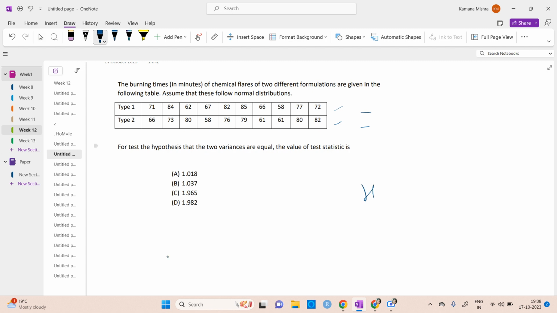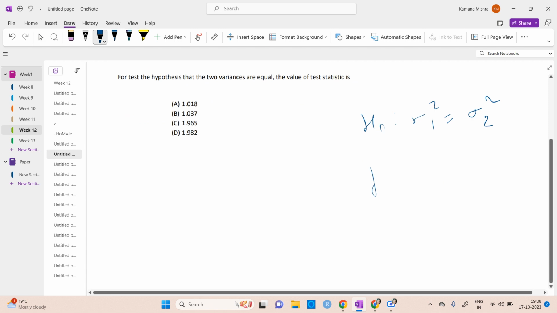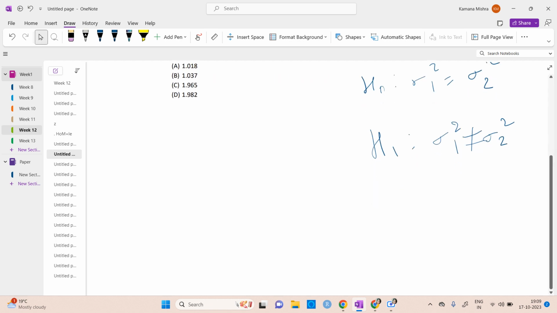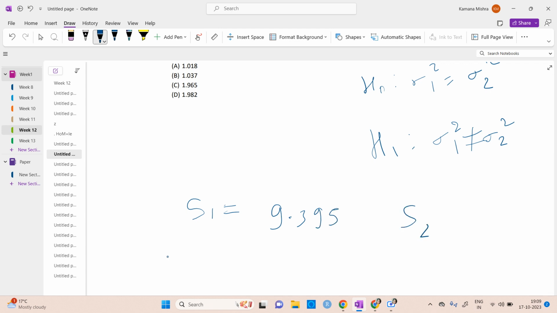Okay, so H0 here is sigma 1 square is equal to sigma 2 square, and H1 here is sigma 1 square not equal to sigma 2 square, right? Now the S1 we have, S1 is the sample variance, is 9.395, and S2 is 9.228, right?